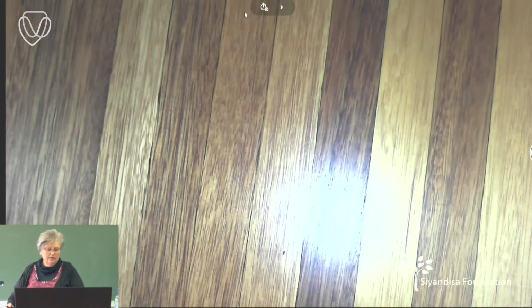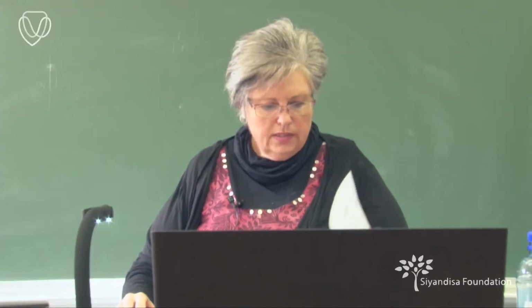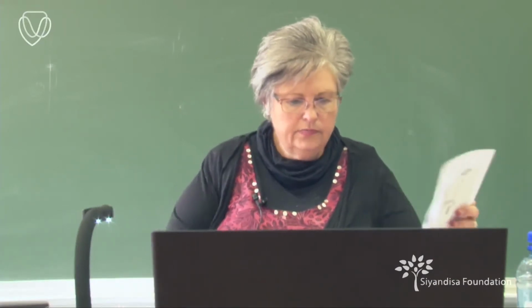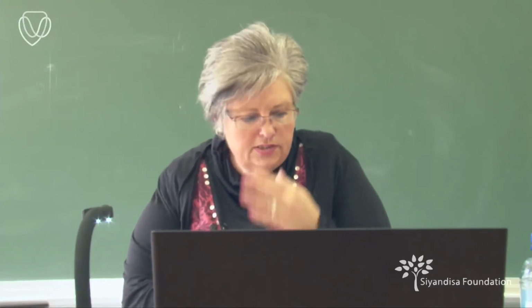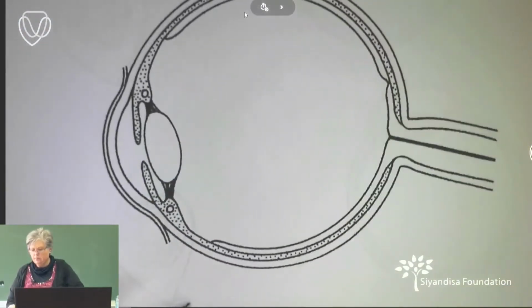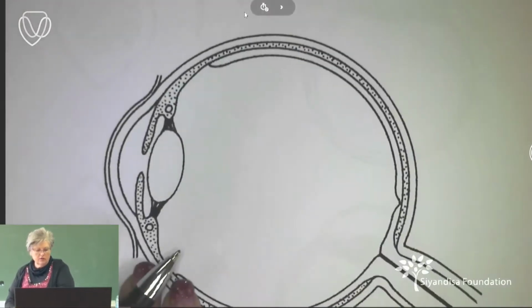Okay. The next one that they give us to do is the eye. Now, if we look at the eye, again, it's very important for yourself to know the eye. So the best way to study the eye is specifically to look at the structure of the eye.